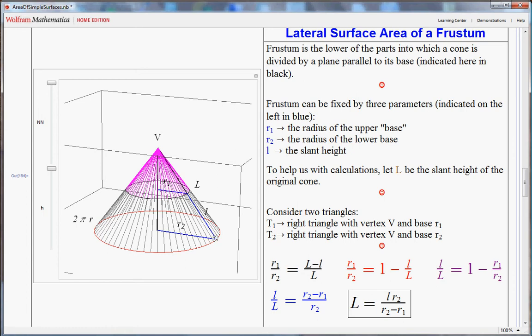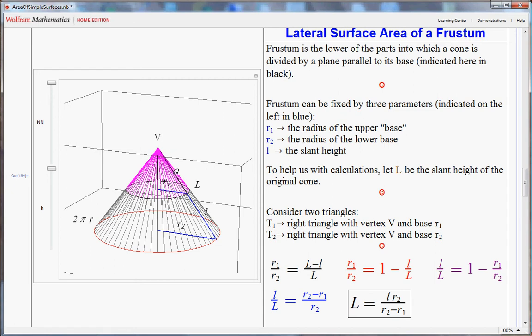Let's observe that these two triangles have their corresponding sides parallel, and therefore they are similar. We can therefore claim that the ratios of corresponding sides are the same. So let's take the ratio r sub 1 divided by r sub 2, and that ratio has to be equal to the ratio of the small hypotenuse divided by the large hypotenuse.